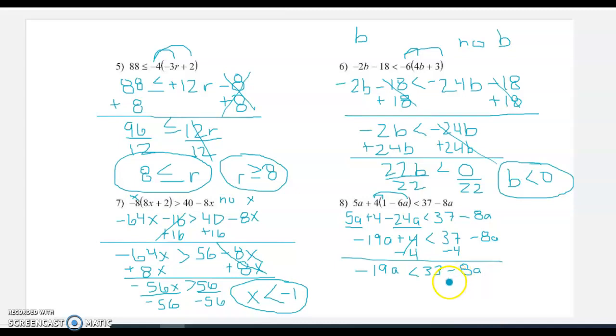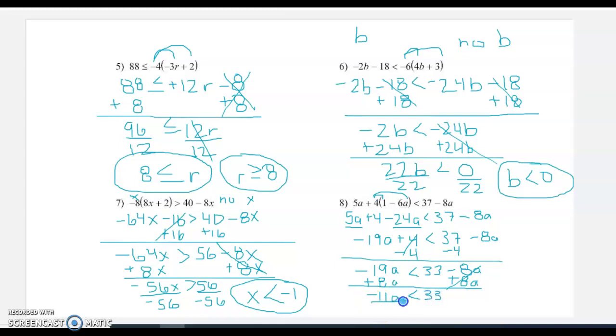So then I notice minus 8a is on the wrong side. We got to move him over to the a side by adding 8a. So I'm going to add 8a to both sides. So negative 19a and 8a is negative 11a, less than, on the right, we have 33.